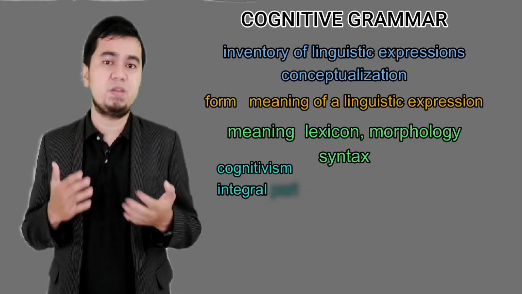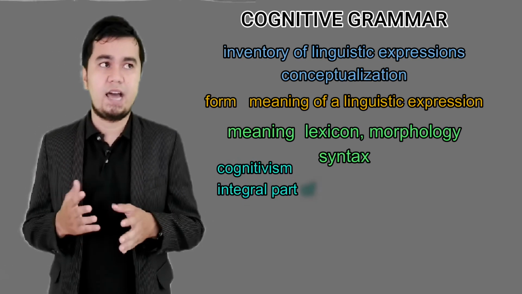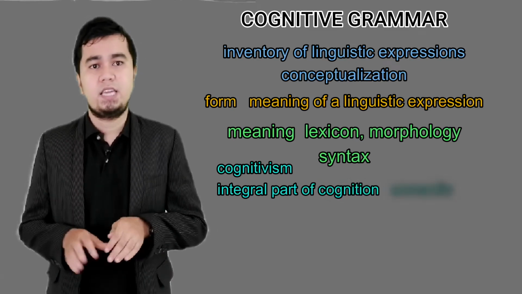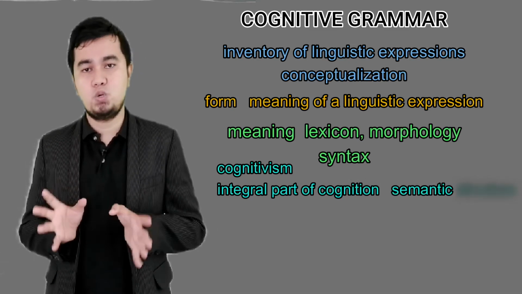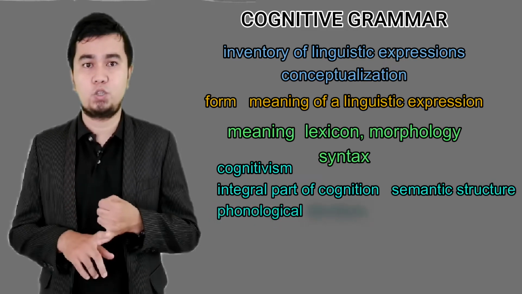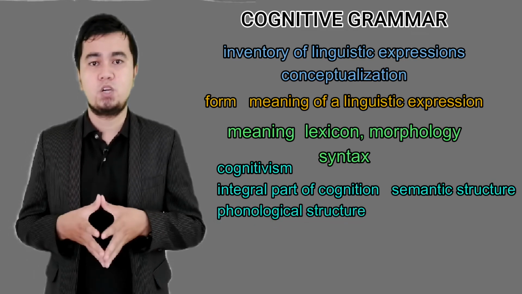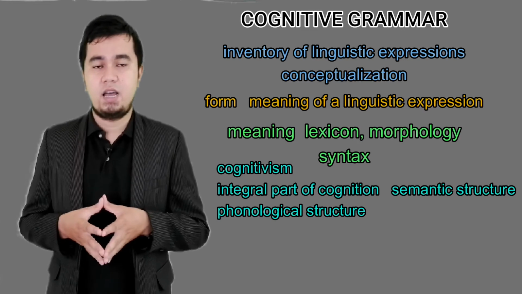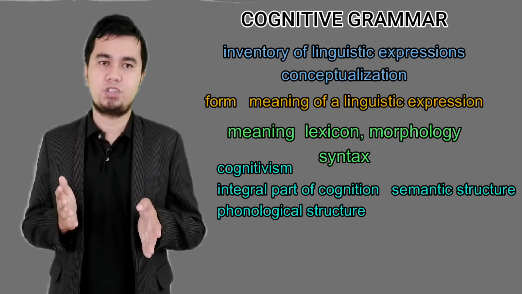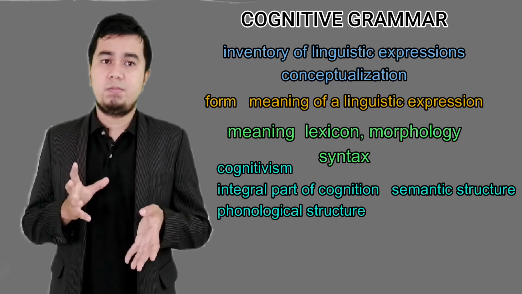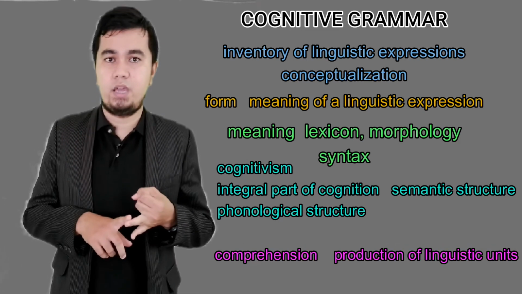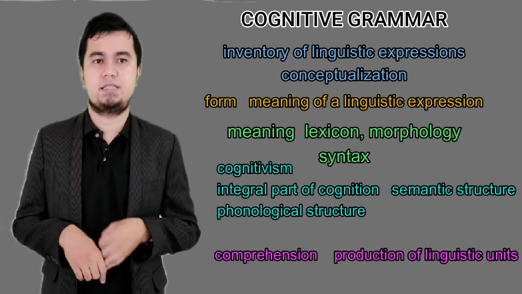This is a belief that language is an integral part of cognition. It considers the language used to be pairings of semantic structure with phonological structure. So cognitivists aim to identify the cognitive processes which are responsible for comprehension and production of linguistic units.